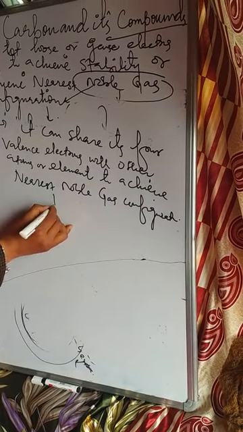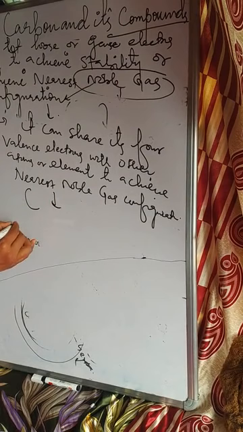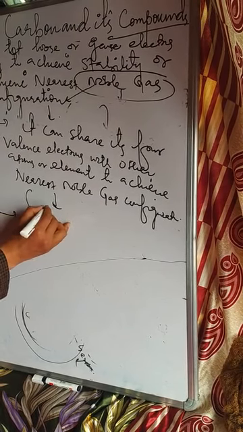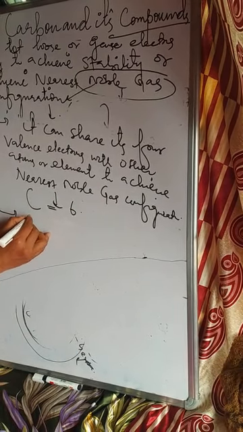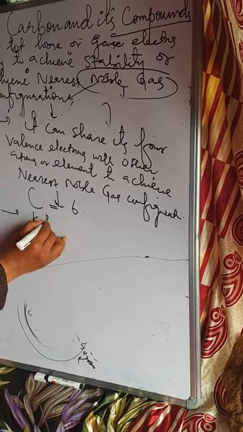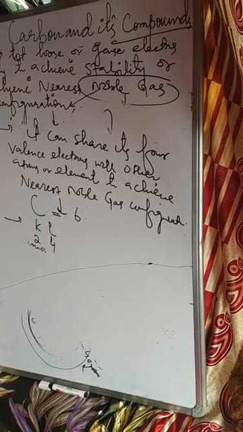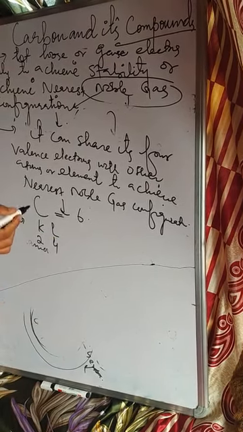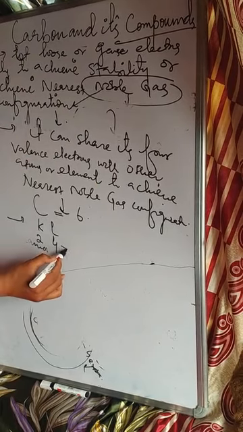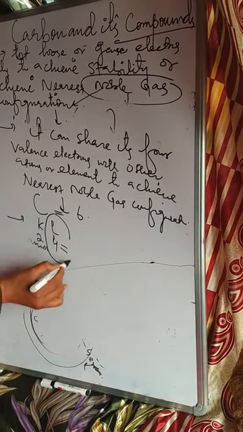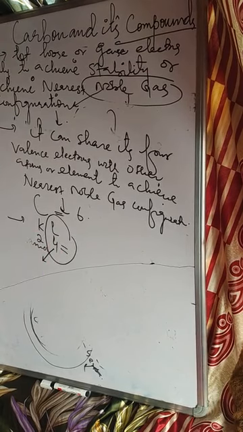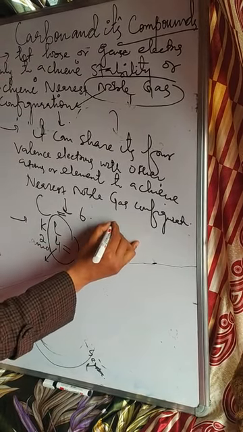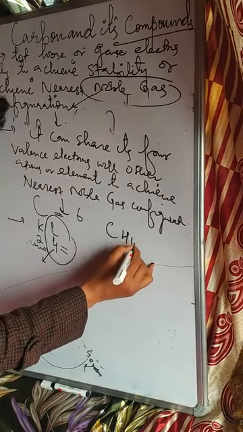Like, this is carbon. Because the atomic number of carbon is 6, in the first shell it contains 2 electrons. In the second shell it contains 4 electrons. I told you people that it will share its 4 valence electrons. These are 4 valence electrons. For example, this is in case of methane.